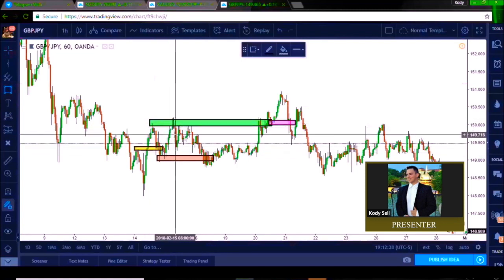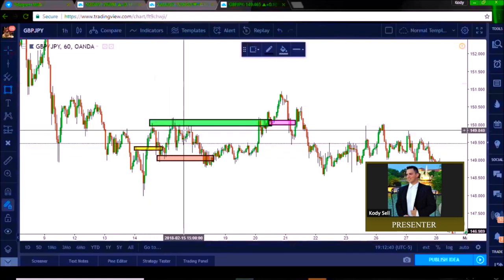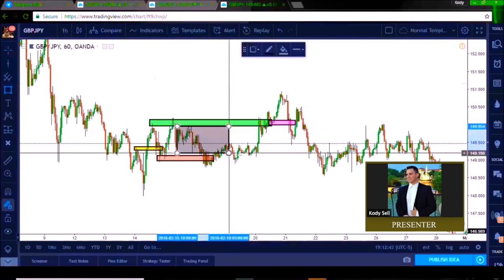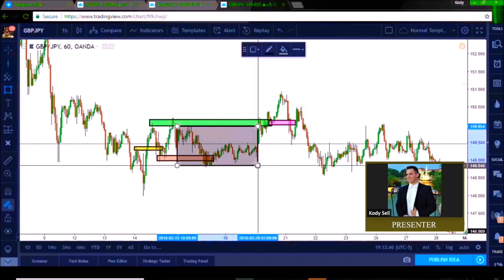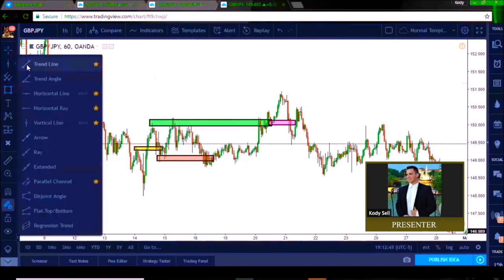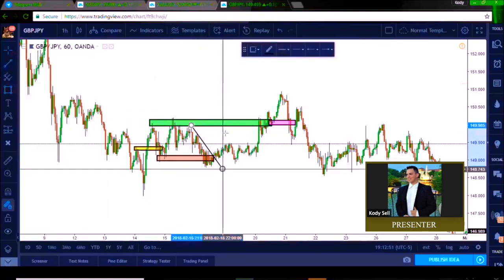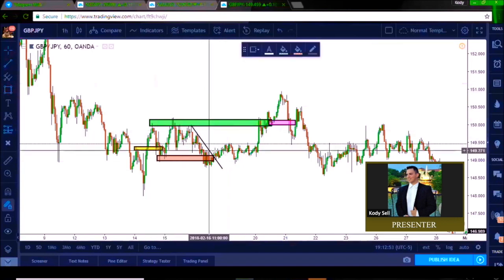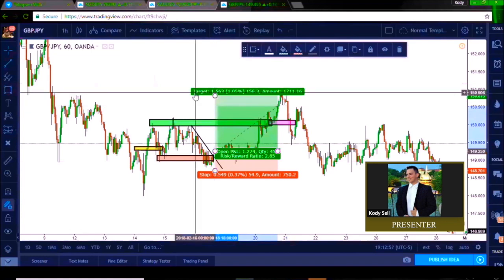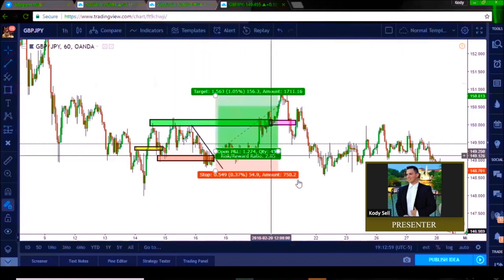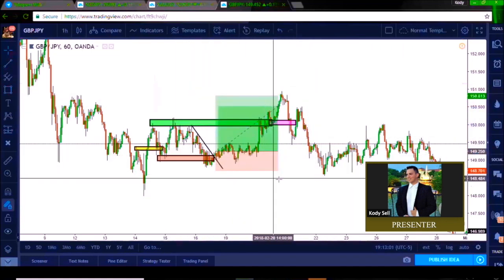And then you started to look for sell trades the rest of the time through here, when in reality, price was bullish the entire time, guys. The best buy trade was right down here, right in here. But you know what you kept doing? You kept trying to sell into this, and every single sell trade is going to lose.